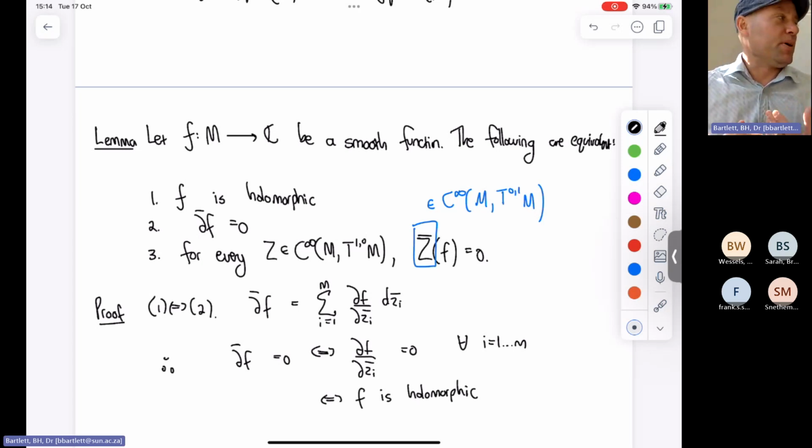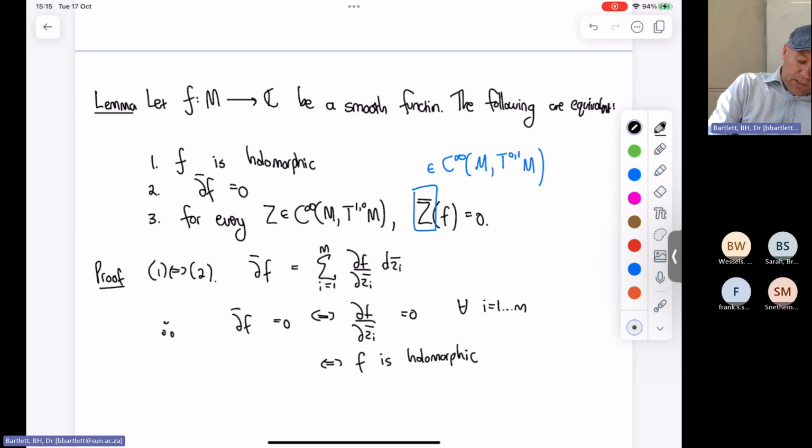Well, you might say, what does it mean to be holomorphic? We define holomorphic as something that satisfies the Cauchy-Riemann equations. And that's equivalent, as you know, to saying that the derivative of F in the Z bar direction is 0. Okay, so that's what I'm saying here. So that shows that 1 is equivalent to 2, and then 2 being equivalent to 3.